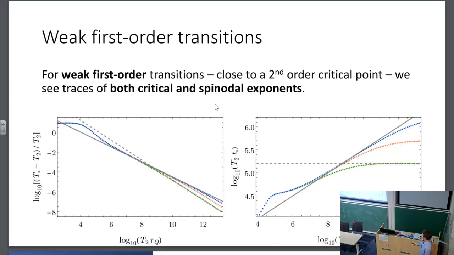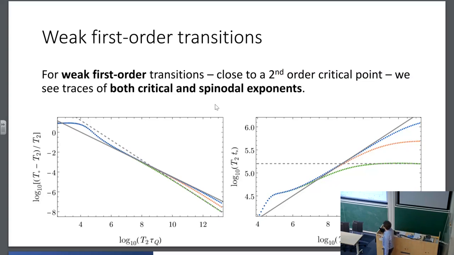And also another funny thing is if you have a first order transition, but you're close to the second order critical point, the end point of your first order line, you can see traces of both exponents. So both spinodal exponents and second order exponents.